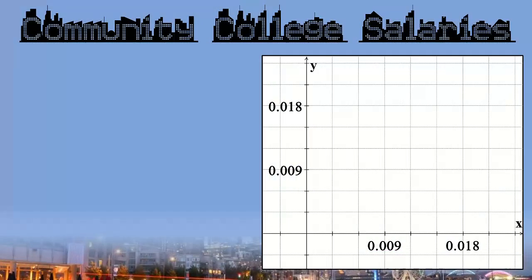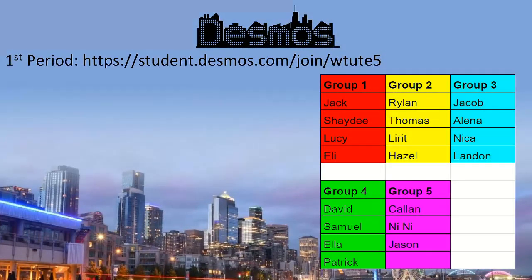So do the Desmos, and if you finish it up, then get started on the rest. I'm going to copy and paste your groups. Remember, next week you have a group unit quiz.